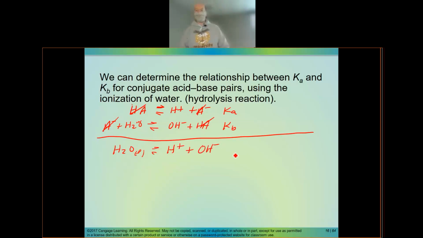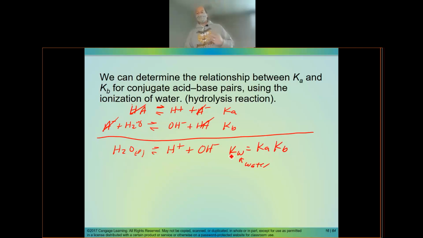All right, and from the last test, what do we do when we add reactions? What do we do with our K values? Multiply. This Kc for water is not called Kc anymore. It's called Kw, of course, means water. And that is equal to the Ka times the Kb. When you add reactions, you multiply the K values.